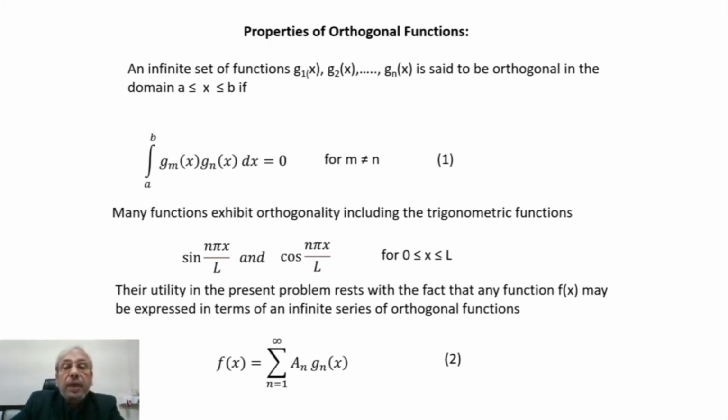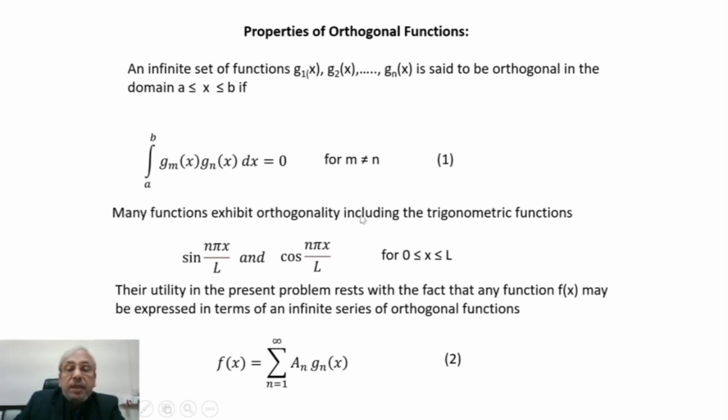An infinite set of functions like g1(x), g2(x) up to gn(x) is said to be orthogonal in the domain a less than or equal to x less than or equal to b if we can write the integral between a and b of gm(x) gn(x) dx equal to 0, for m not equal to n.